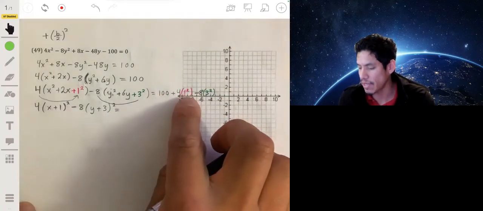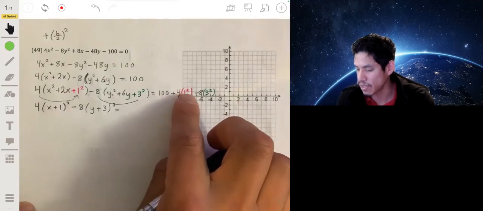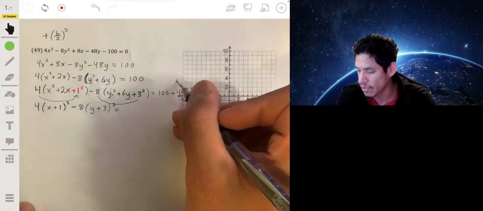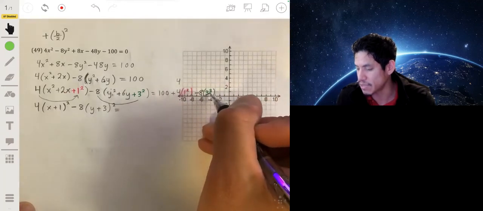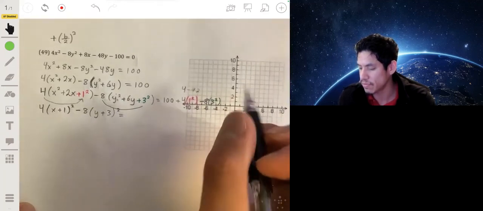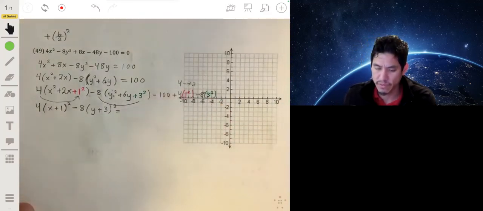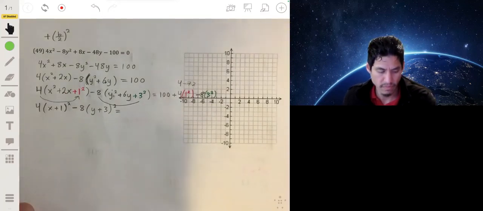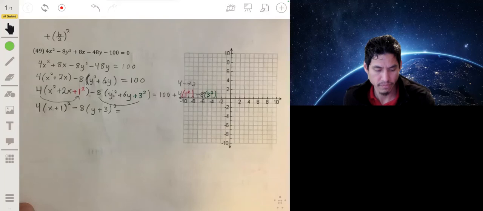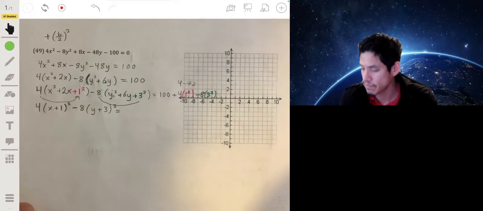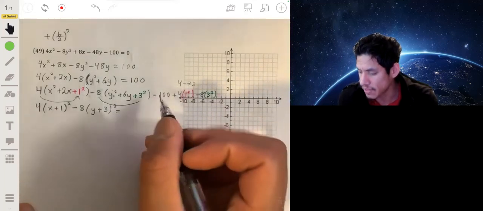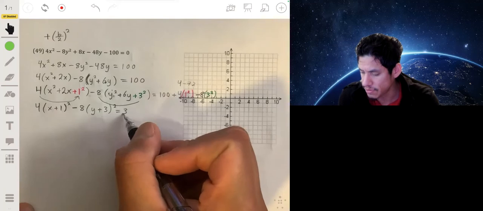And on the right side, remember we're adding 4 times 1, so we're adding 4 there, and then minus 8 times 9, so we're taking away 72. So we have 100 plus 4, 104, minus 72, and then we'll get 32 on the right side.